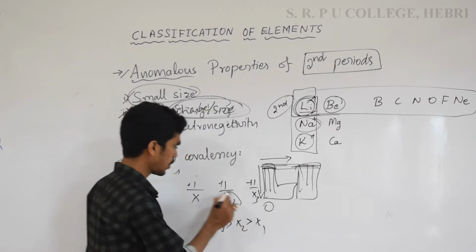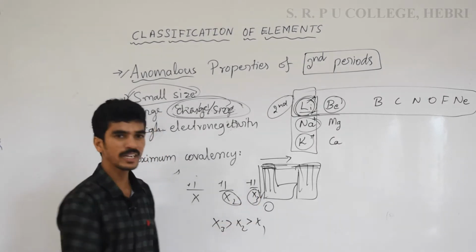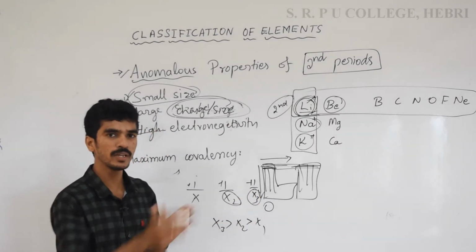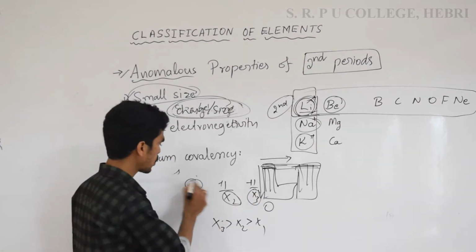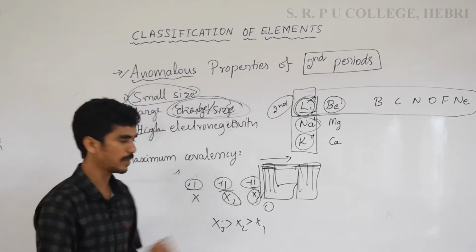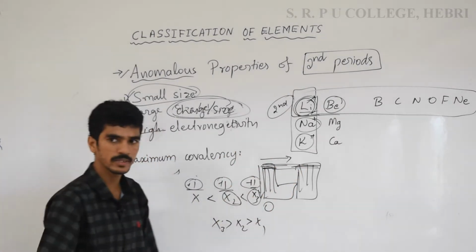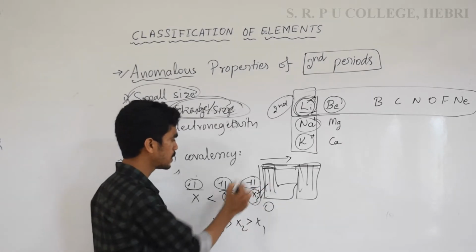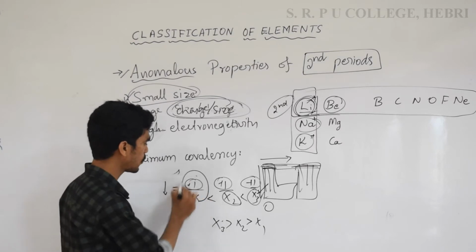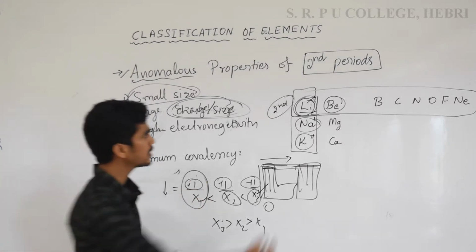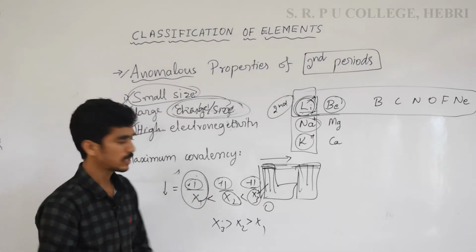If the denominator is larger, the value should be less; if the numerator is larger, the value should be high. Here the charge is the same, +1 +1 +1, but the denominator size increases, so the total value decreases. So the highest value is for the first one, nothing but lithium, which has the largest charge by size ratio.